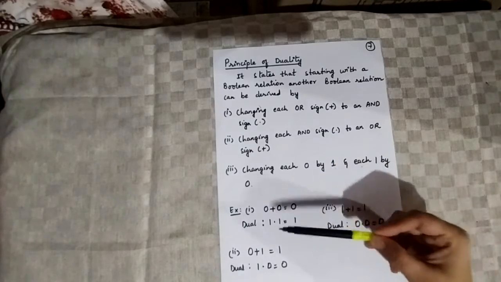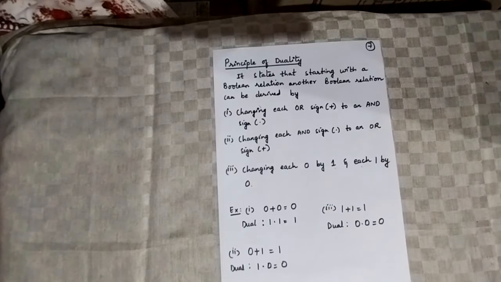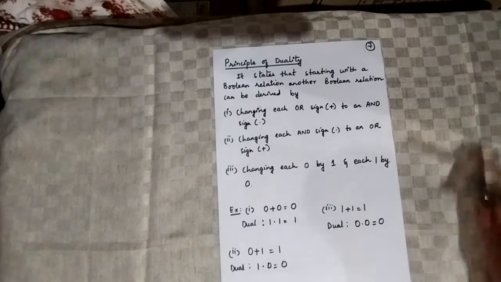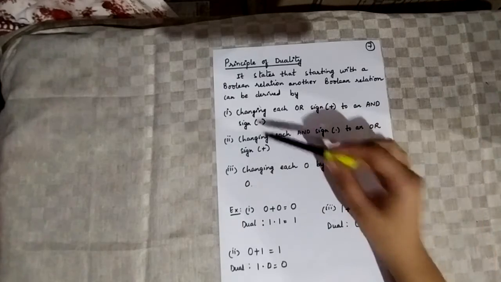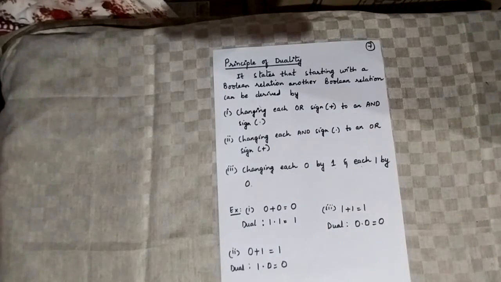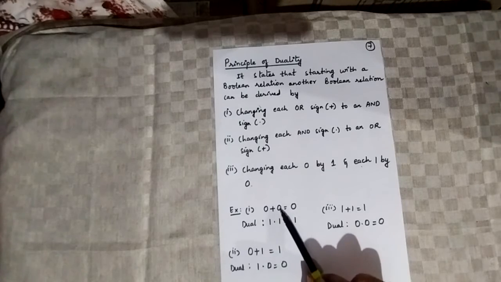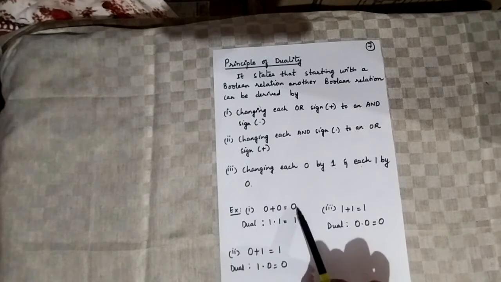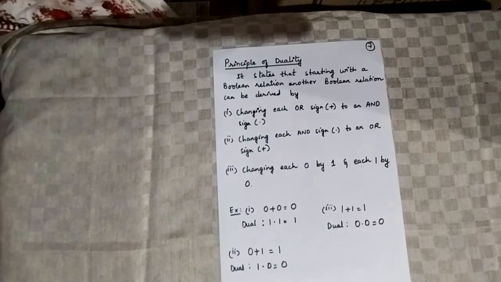So I change this 0 to 1 over here. Okay. Next we have plus. The rule says plus should change to dot. So I have changed plus to dot here. Next I have 0 here, so this 0 has to change to 1. Equals, I have again 0 here, so this 0 has to change to 1 here.